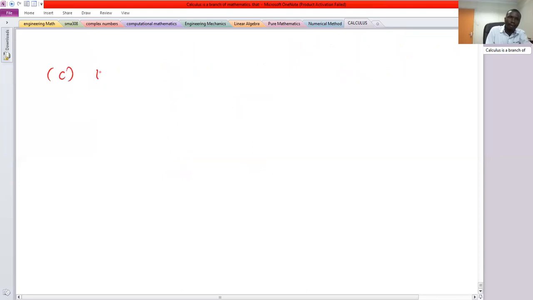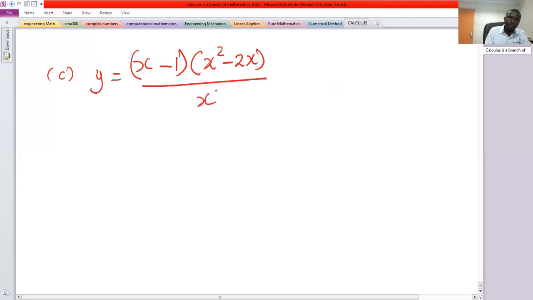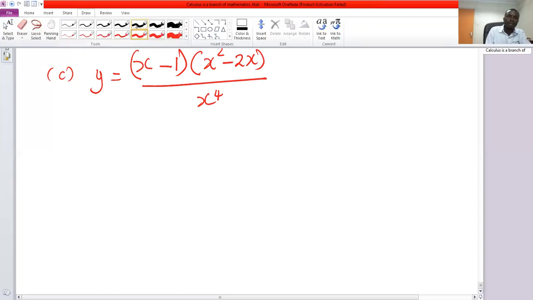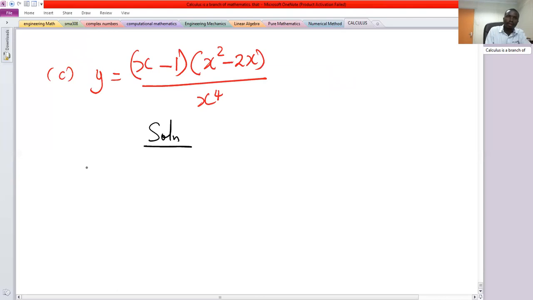C, y is given by x minus 1, x squared minus 2x divided by x power 4. Now, to solve this one by quotient rule, we let x minus 1, x squared minus 2x, so this is a simple expression you can just expand.